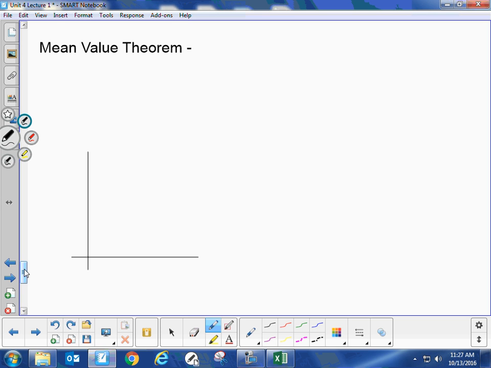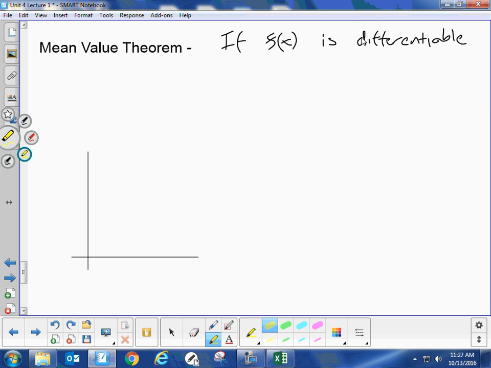Mean value theorem is similar, only mean value theorem will deal with functions that are differentiable. So we will start if f of x is differentiable. Now, what does differentiable mean? Well, differentiable first implies that we are continuous.